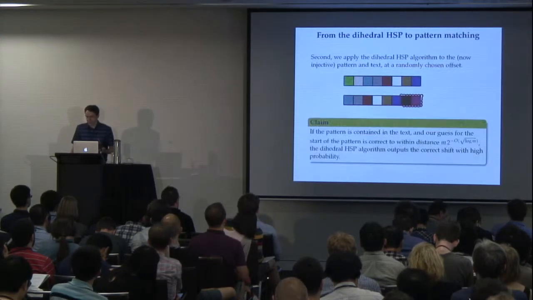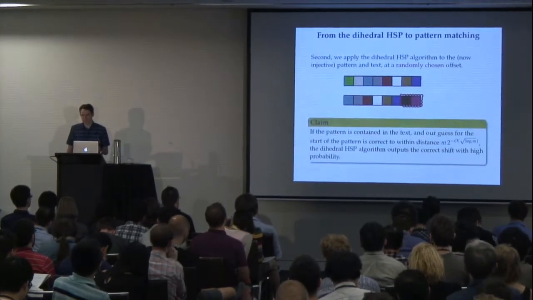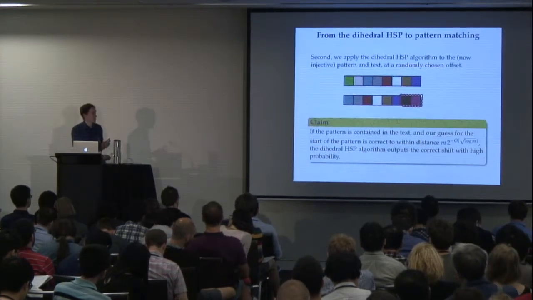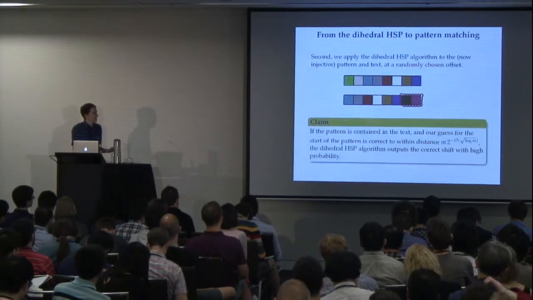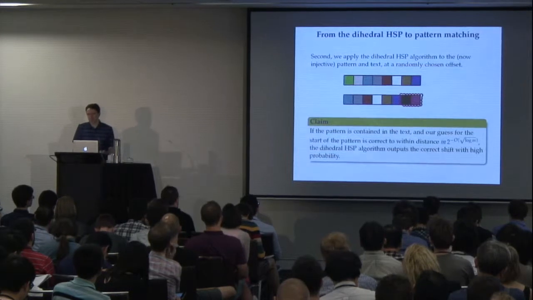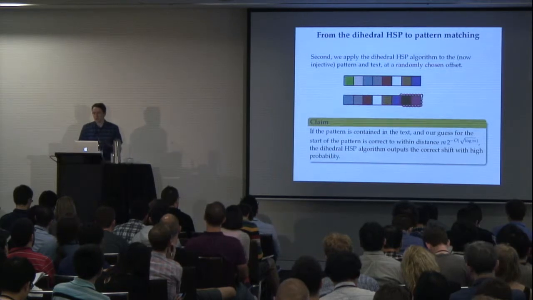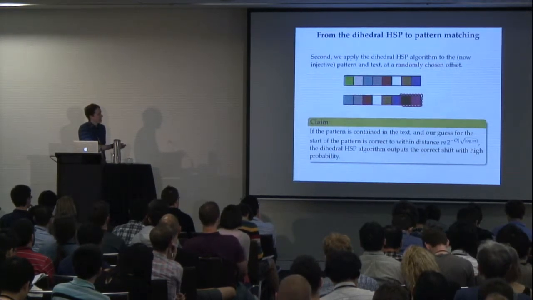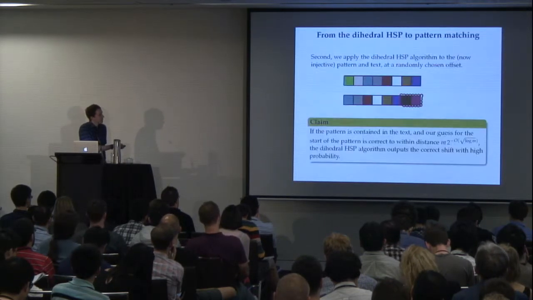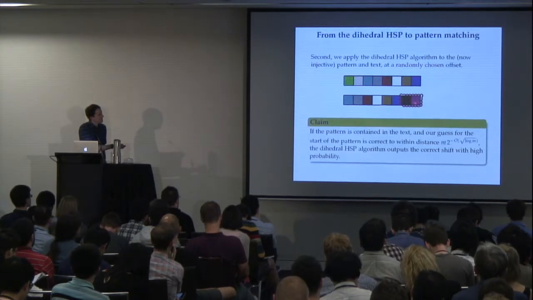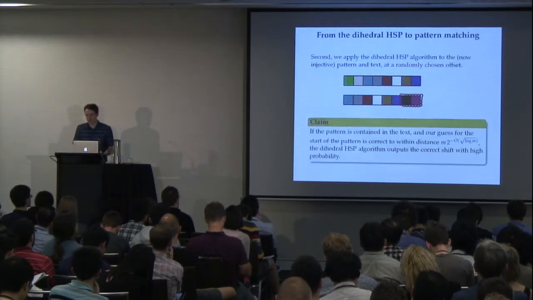Well, the point is that if we are quite close to the position where the pattern does actually match the text, assuming that the pattern does match the text at some position, then the dihedral hidden subgroup problem algorithm will successfully find the shift where it does match the text at that position. So why does this work? Well, if we look at this text and pattern here, then we can see that we only need to change a couple of the characters of the pattern to make it match the text in terms of this kind of cyclic shift notion of matching.